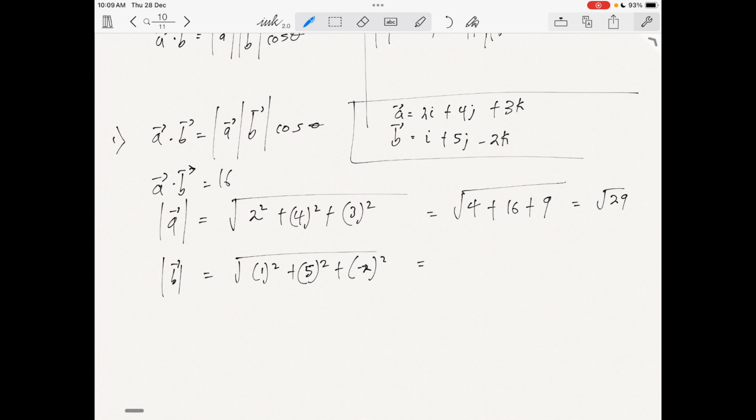And this will be 1 plus 25 plus 4, and that will give us root 30.